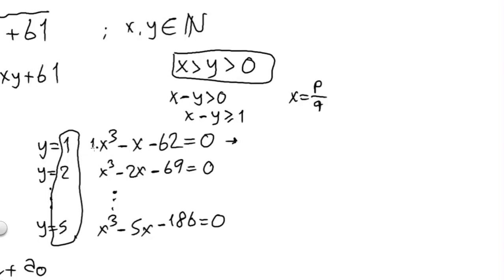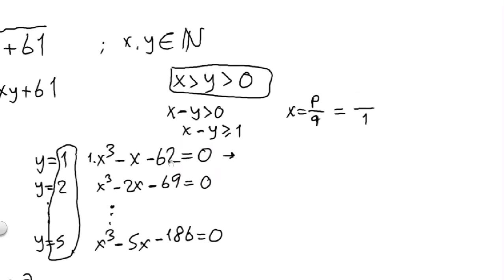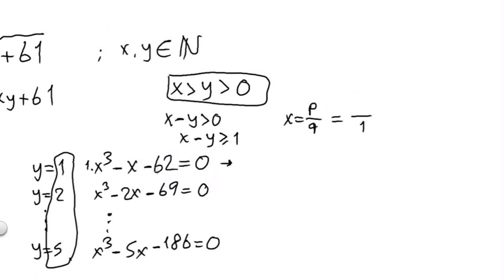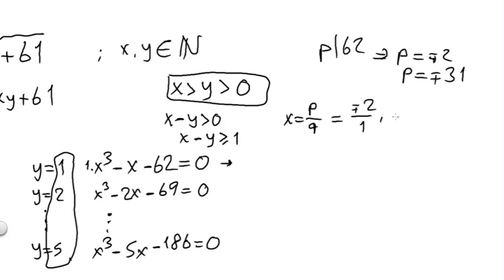So q will divide 1, so q has to be plus or minus 1, and p is going to divide 62. So p divides 62, which is 2 times 31, so p can be plus or minus 2, or plus or minus 31. So basically I can have plus or minus 2 over 1 and plus or minus 31 over 1.